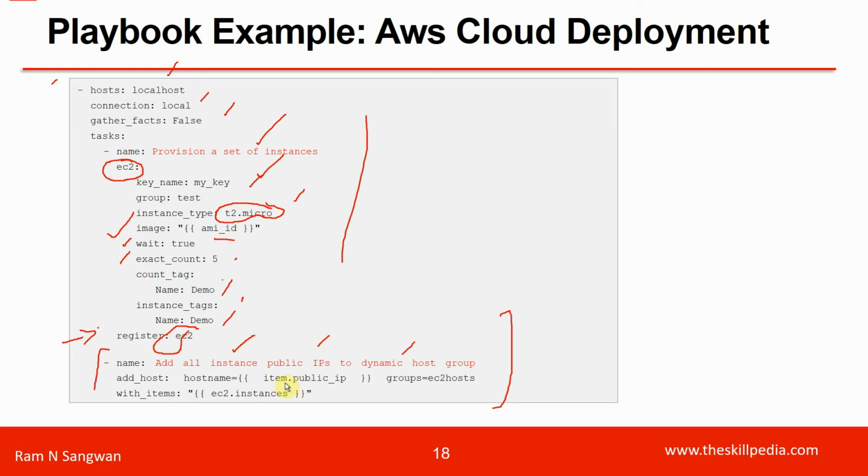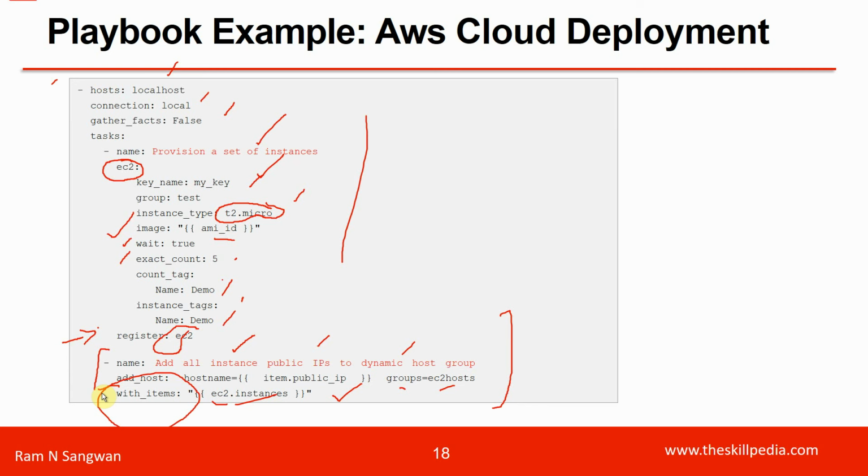And that's why the registered details will be used here. EC2 dot instances, groups, EC2 hosts. All these will be used. So this is with items. This is a loop. With items here refers to the programming aspect. With items means if there are 5 instances, it will use all instances one by one.